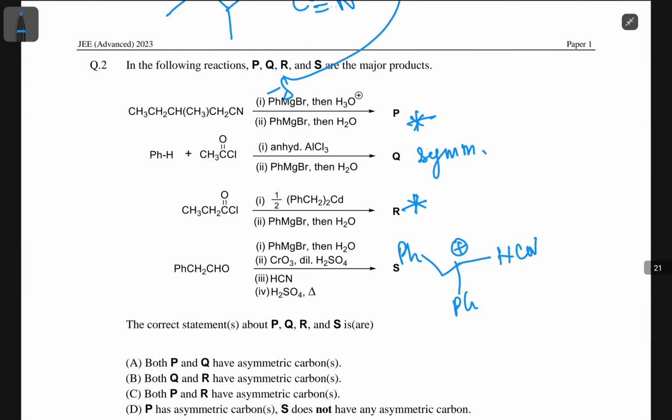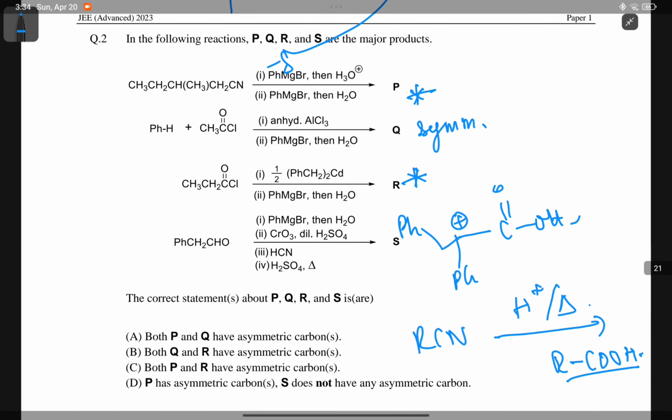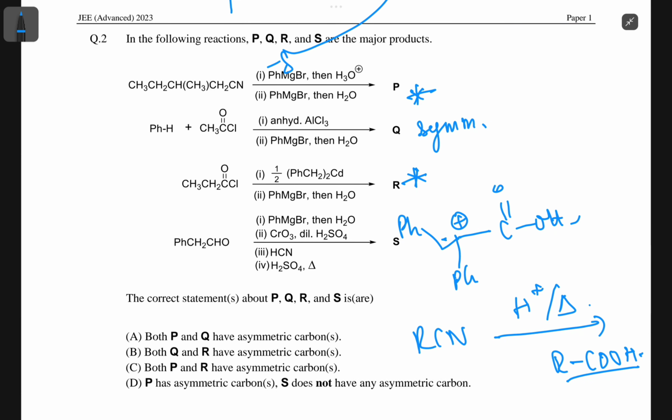One second. Oh, this should be CN, my bad. And this would be COOH, because obviously it is H plus and heat when you have RCN, right? So that's what I did, and then you can make a double bond right here, right?